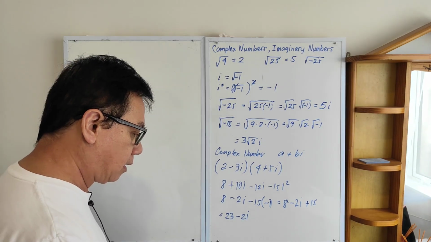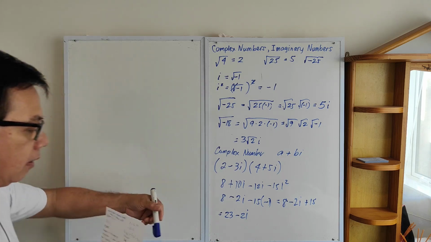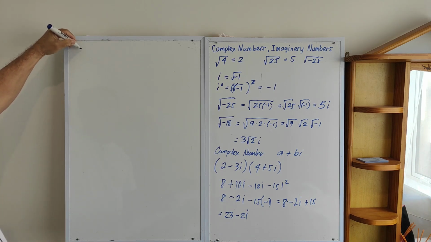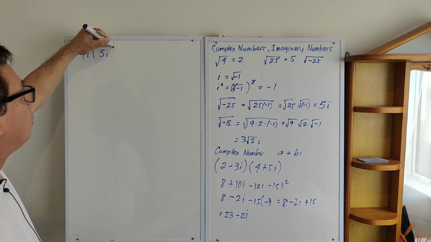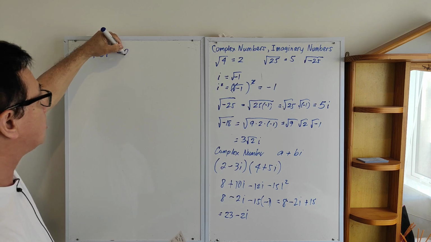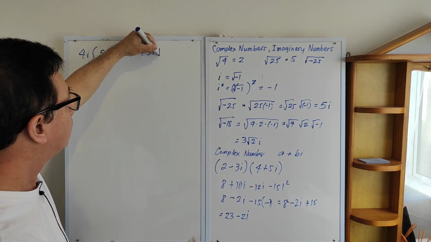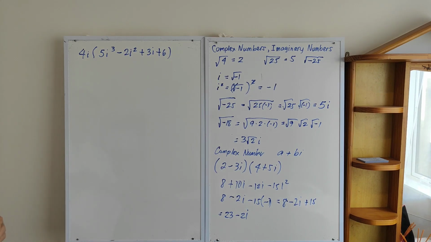So let's take another example. For example, 4i multiplied by 5i cubed minus 2i squared plus 3i plus 6. So let us first consider i as a variable.